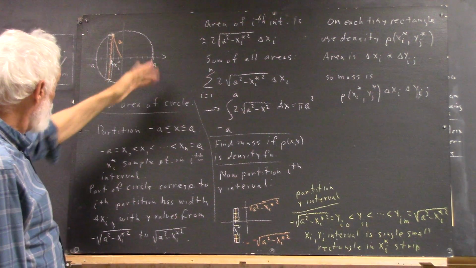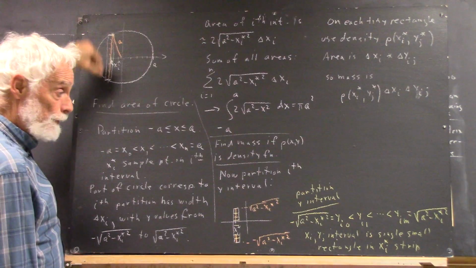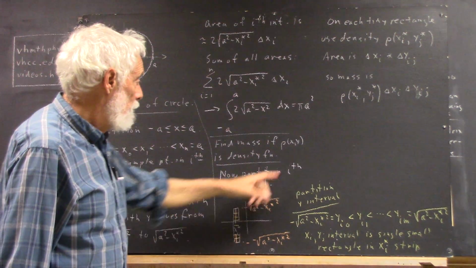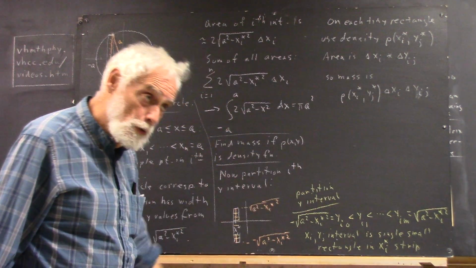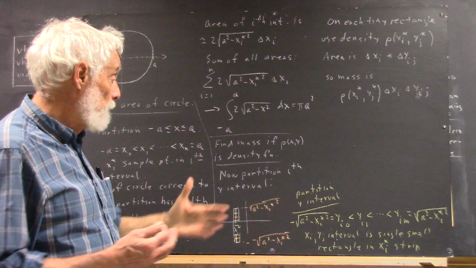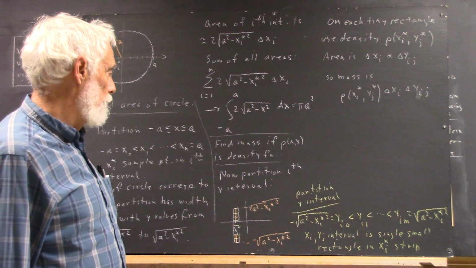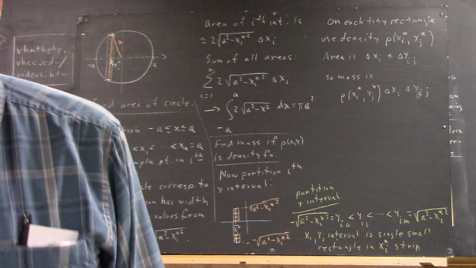We partition along the x-axis and we get these strips, and then we partition each strip with respect to y, and we get little rectangles, so that a continuous density function on any rectangle won't differ by a whole lot from one point of the small rectangle to another. And we then get an integral, and it's going to end up being a double integral, and we'll work through that in the next clip.